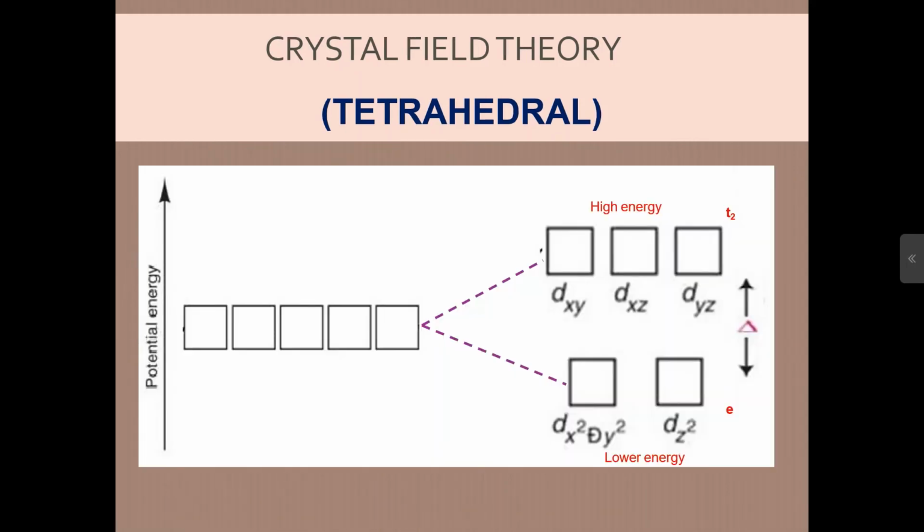So the difference between tetrahedral and octahedral is that they are just reversed. For octahedral, the 3 orbitals are at the bottom, and dx squared minus y squared and dz squared are on top. But for tetrahedral, it is reversed.